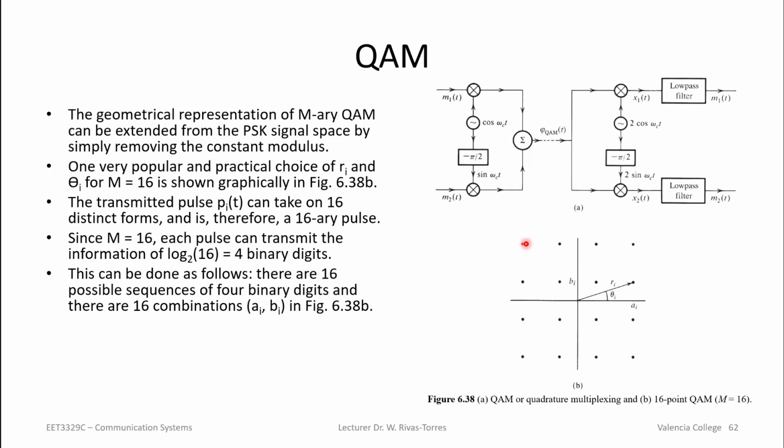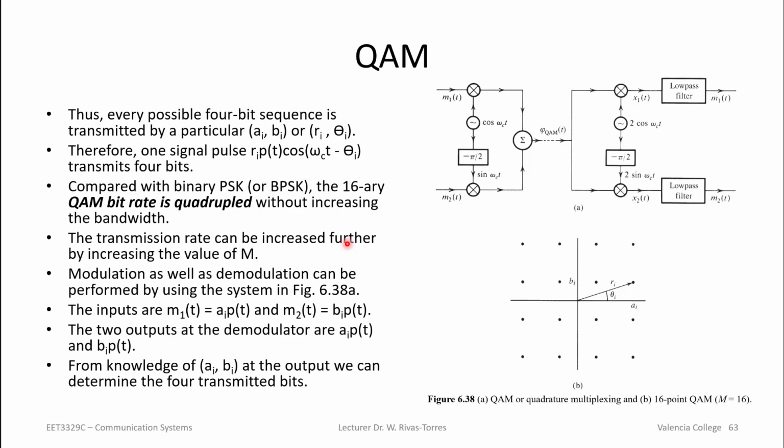If it strays too far, right in between two symbols, it's hard to tell which one it is. There are all kinds of theories for this, like likelihood receivers, which is for another course.